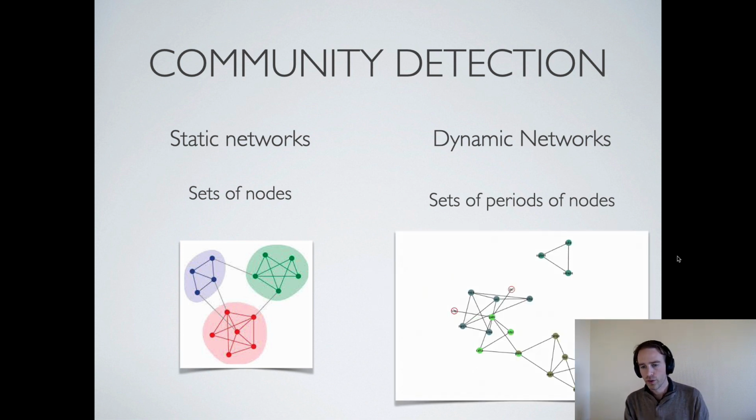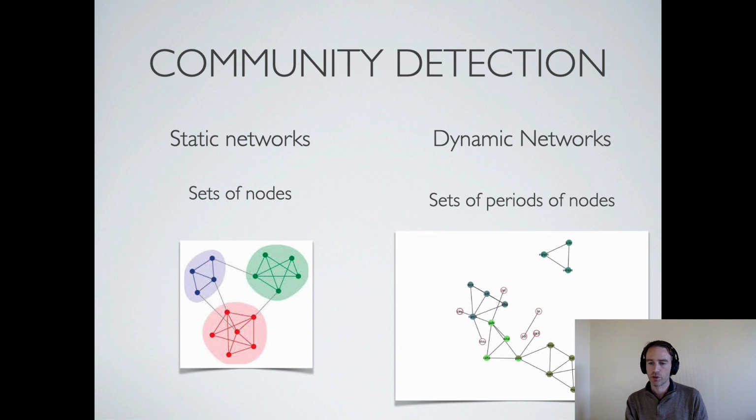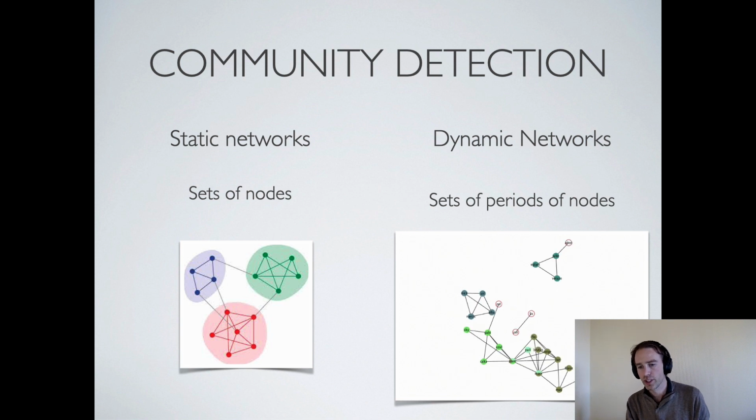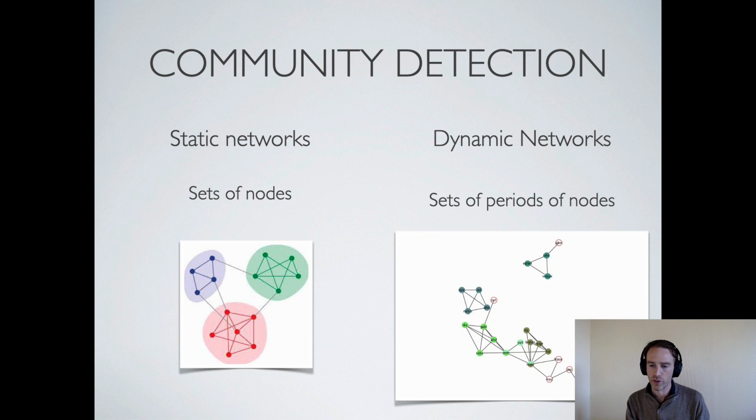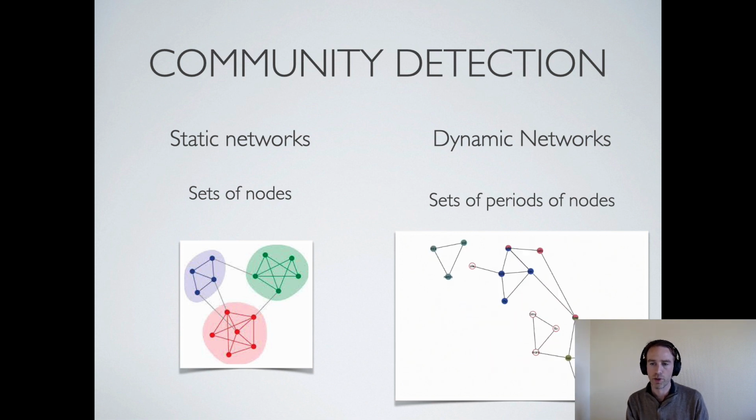I already showed this movie, a visualization of dynamic communities represented by colors, and you see there are questions such as, every time you have a modification of the network, how to update the communities to match this evolution.